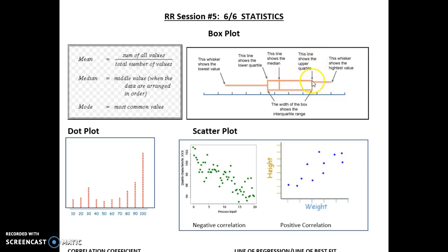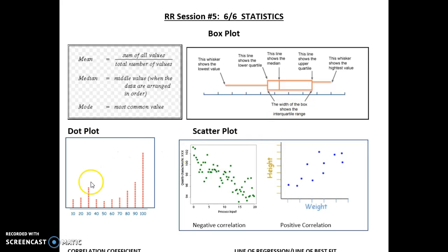The upper quartile, or quartile 3, is the second part of the box. The last dot that you see would be the maximum value. Interquartile range is the distance, or the difference, between the lower quartile, quartile 1, and the upper quartile, quartile 3. Very important that you recognize all that.